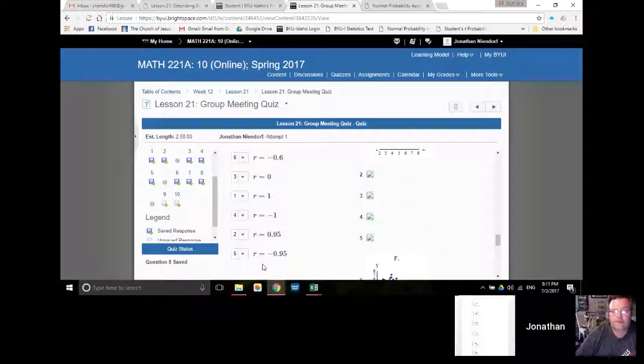R equals 0. Oh, so they're all in different orders. Interesting. You need to match the numbers that Jason is showing. 0 would be the third, number 3. Yeah, because my first one is equals 1. Okay.